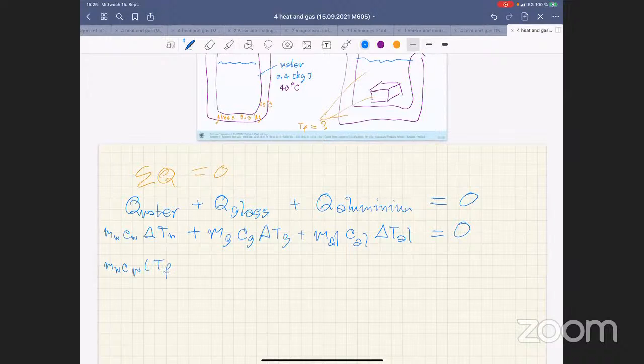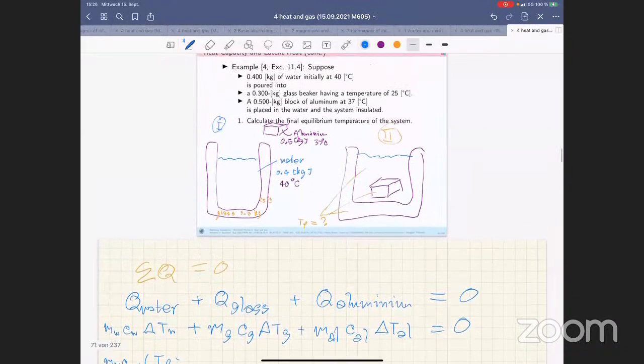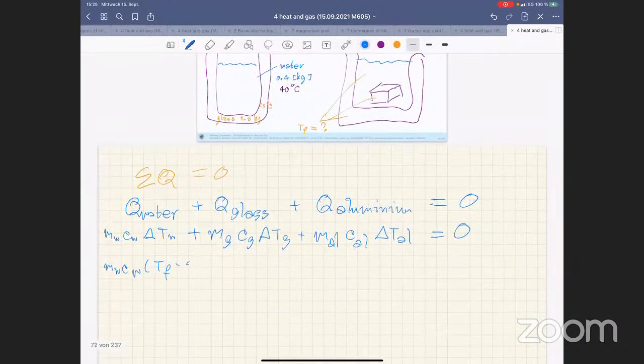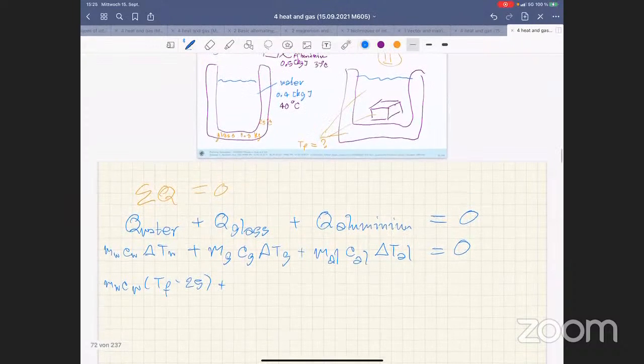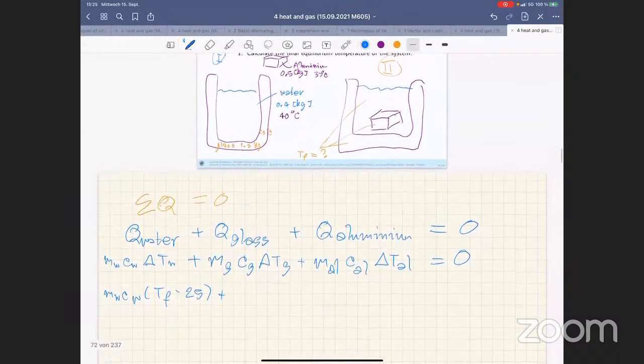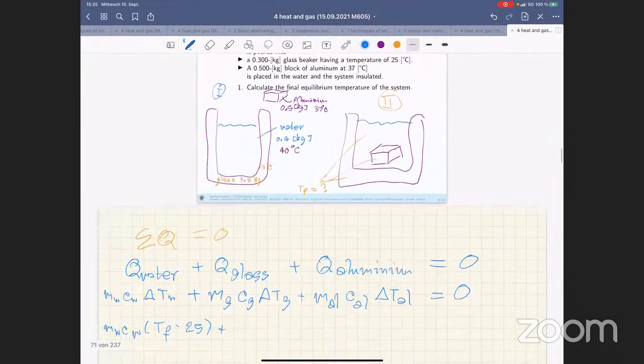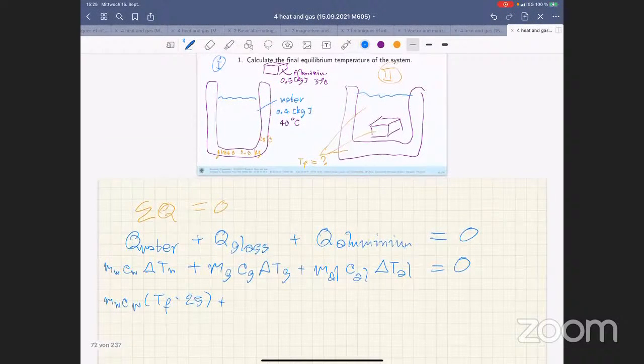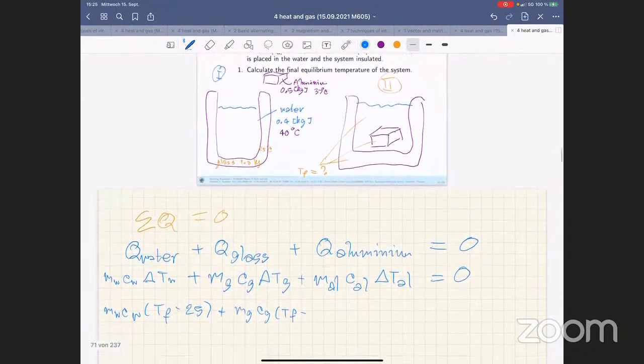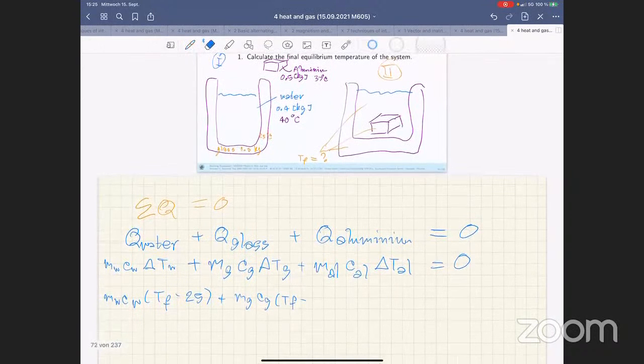And TF minus TI, right? The initial for water, which is 35, plus mass of the glass, 0.3, right? Mass of the glass, C of the glass, TF minus... no, the water starts from 40 degrees.